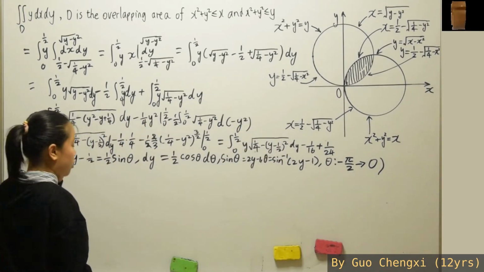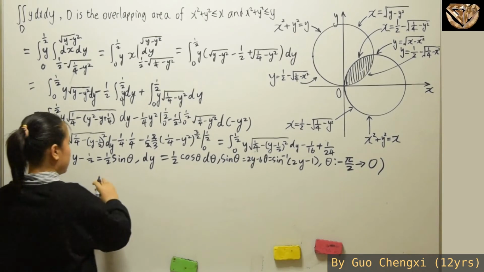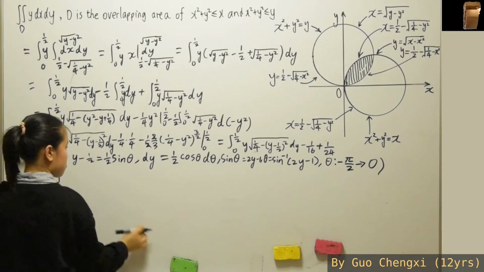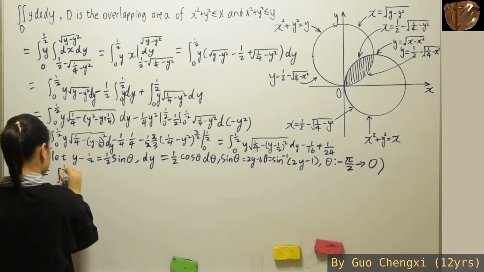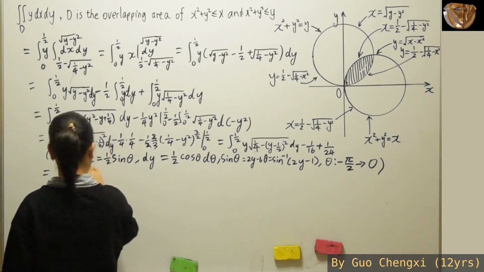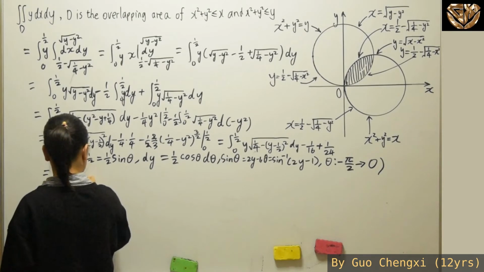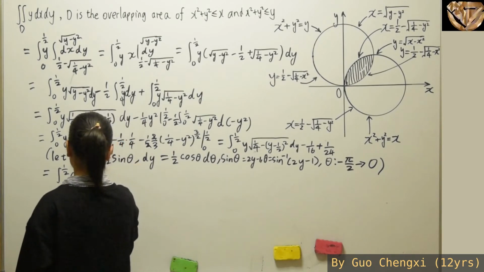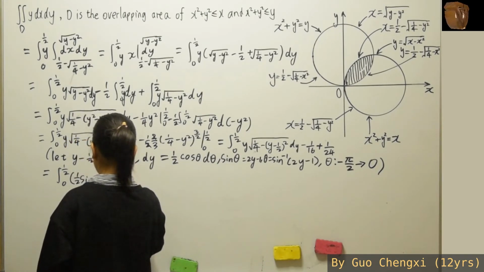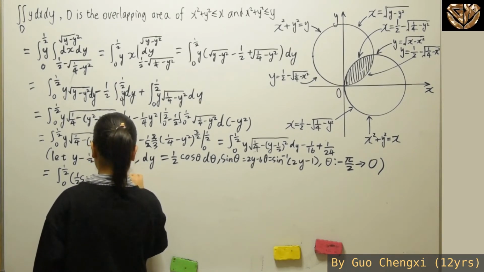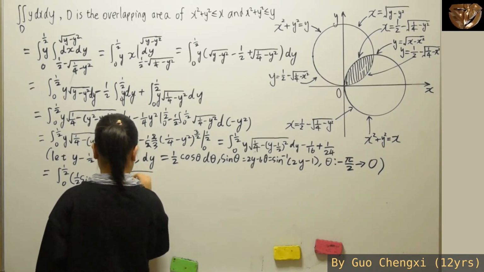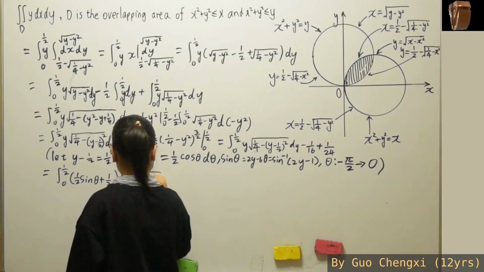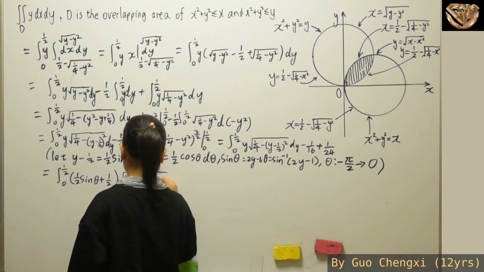Okay, so for this part, you're going to substitute this part inside and you're going to get, over here, y substituted inside, which you move over here, ending up with this, and then square root, basically a half square minus half square sine square theta.